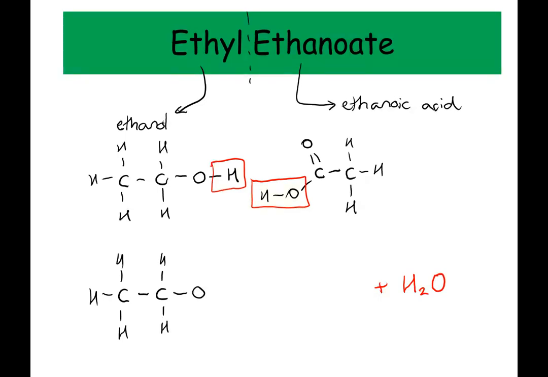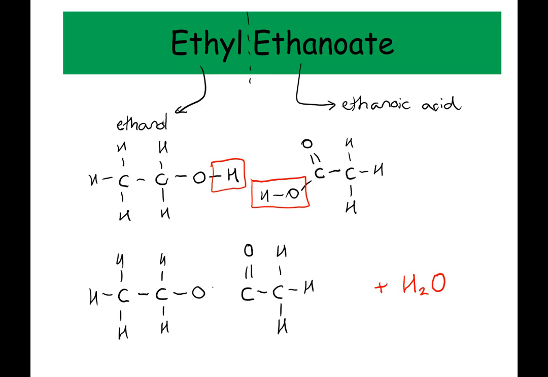okay, my oxygen has only got 1 bond, which isn't allowed. Oxygen must always have 2 bonds. And if I draw the ethanoic acid after the OH is left, then my carbon now only has 3 bonds there, which also isn't allowed. Carbon needs to have 4 bonds.